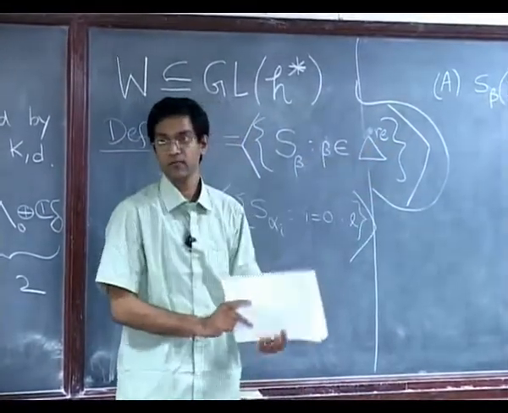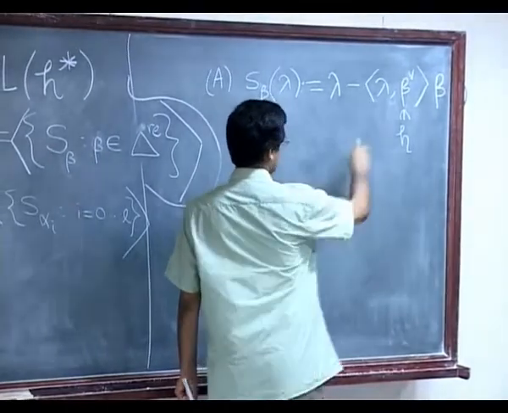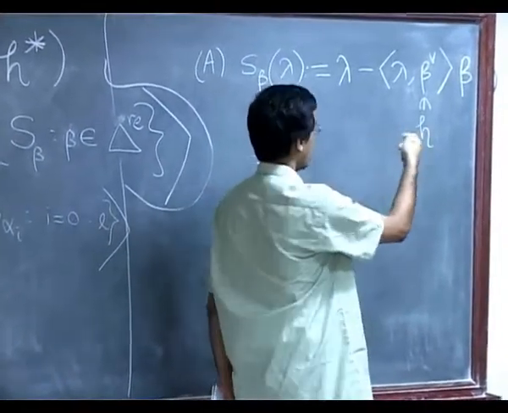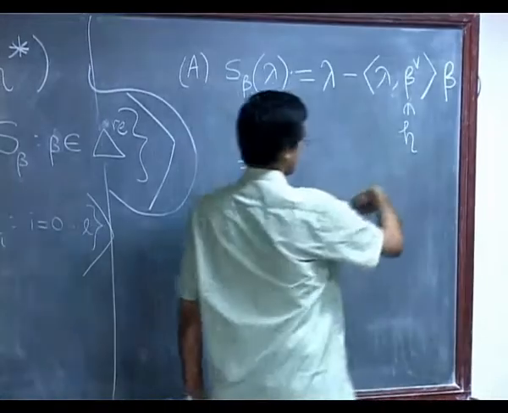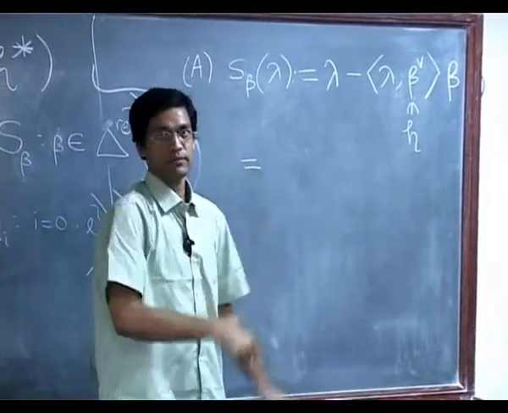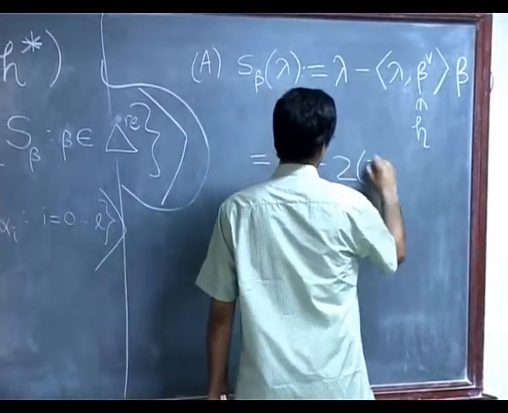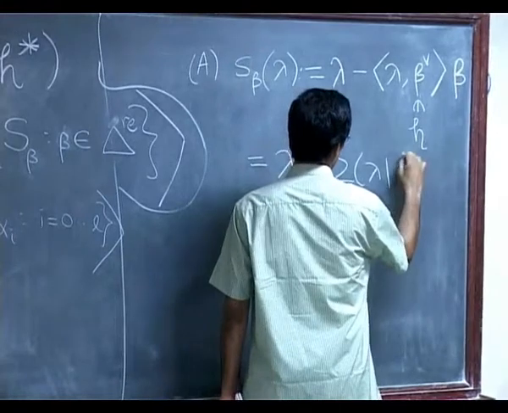There was another equivalent formulation of this in the finite dimensional setup using the form. Using that invariant form, we could convert things in H into things in H star, where you now have to evaluate the form. So remember we had this formula for a reflection, 2 lambda beta.